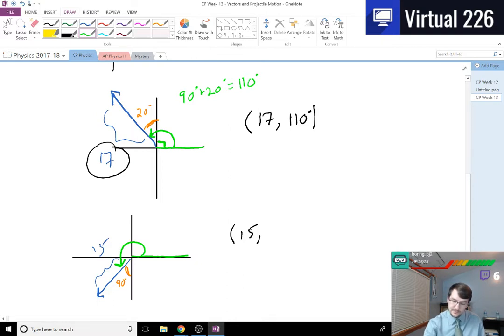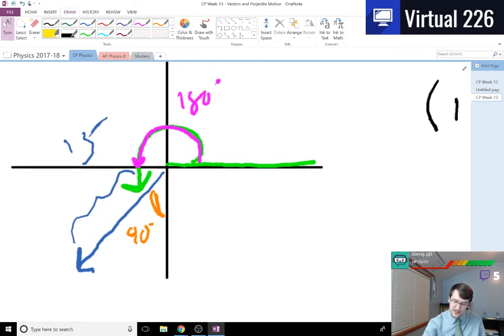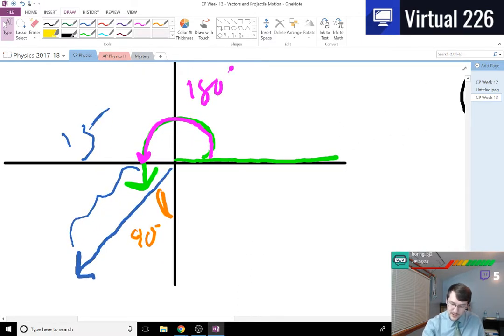Here, I know as I go around to this, that's 180 degrees. But I have this little bit extra right here, and the question becomes, how do I get that little bit extra? Well, this time I knew that this down here was 40. I also know that between the x and the y, that's 90.